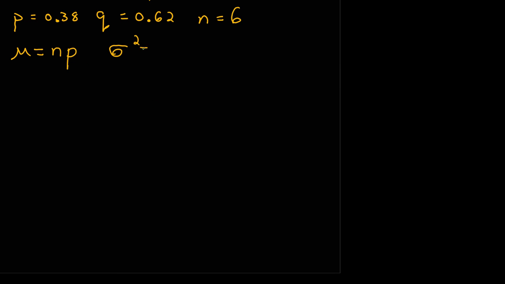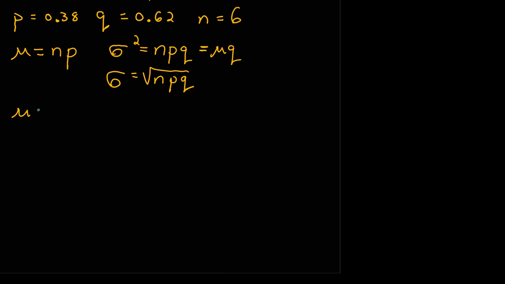The variance is going to be the number of trials times the probability of success times the probability of failure. And if we note here, we can also say it's the mean times the probability of failure. And the standard deviation is the square root of this value. It asks for everything rounded to the nearest tenth, or 1 decimal place.